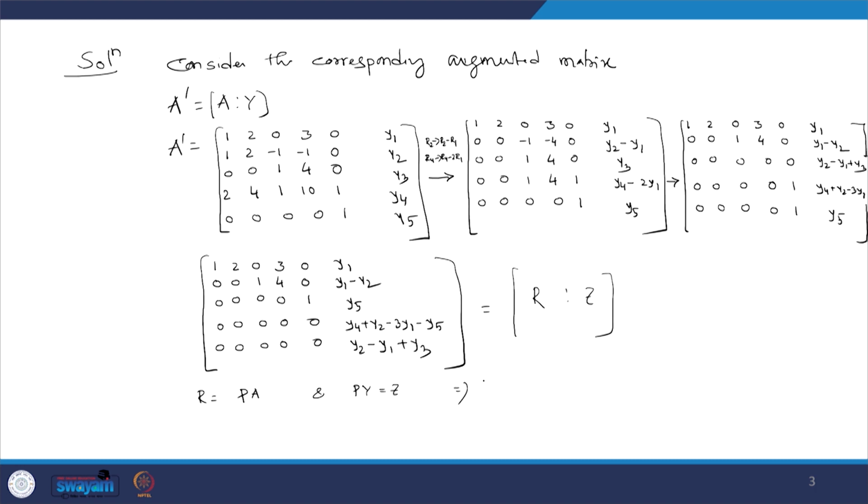So, this implies P matrix is basically the coefficient matrix of the Z columns.